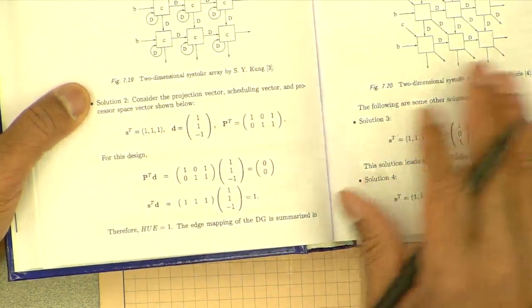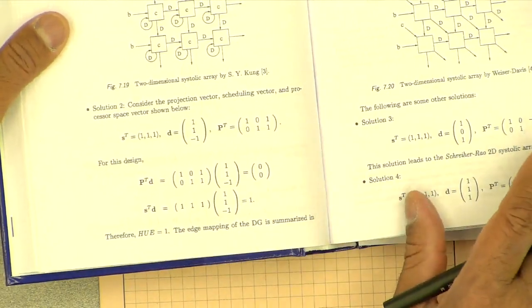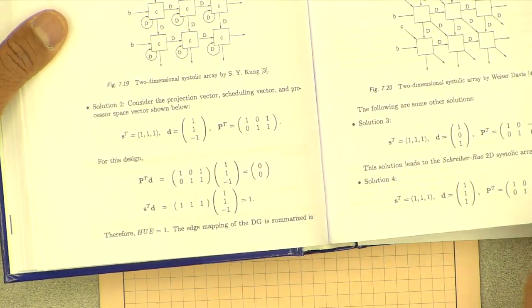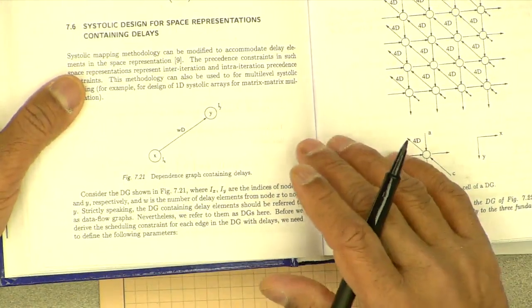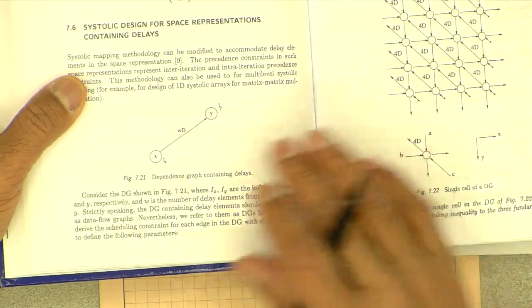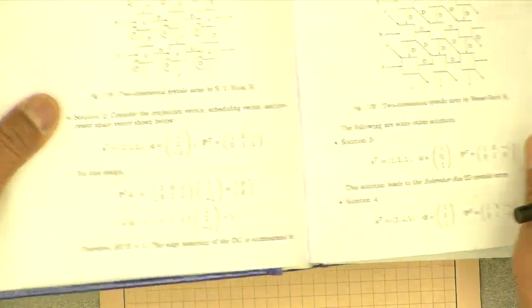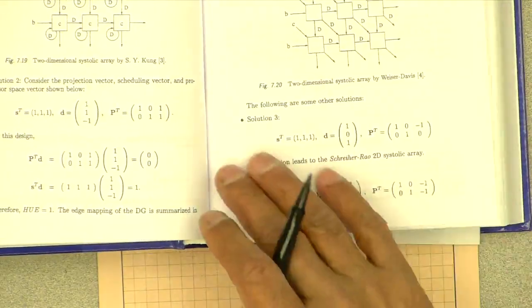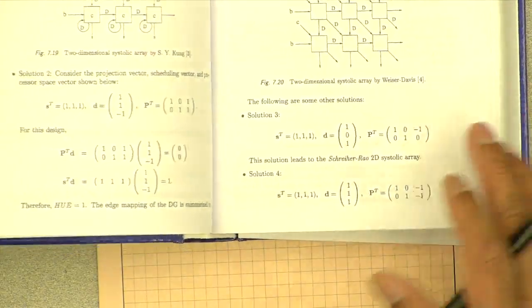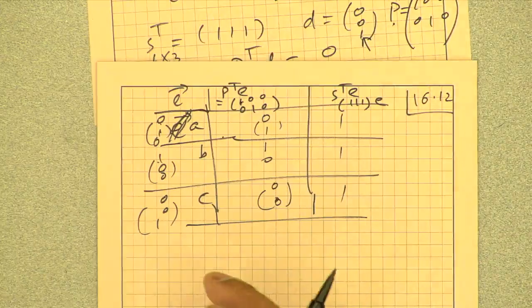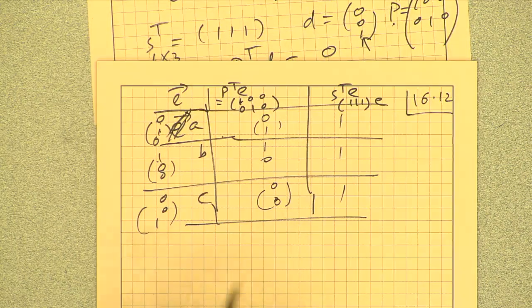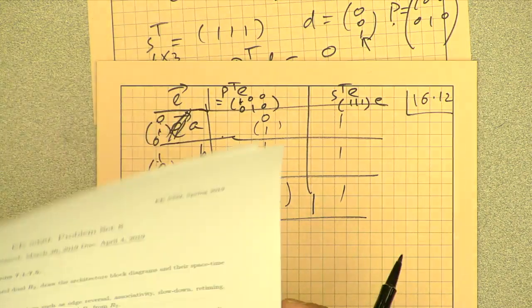So don't get confused between those two people. Both very famous people. So the so-called Kung-Leiserson array, which nobody really understood why the hardware utilization efficiency is 1/3. And of course, now we can see through the theory that S transpose D is 3, so the hardware utilization efficiency is 1/3.